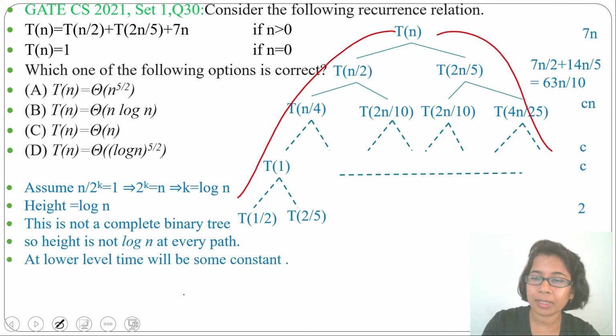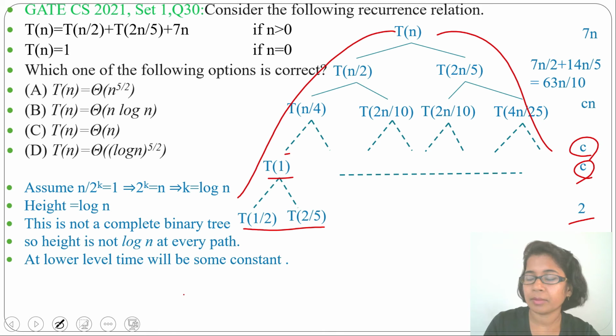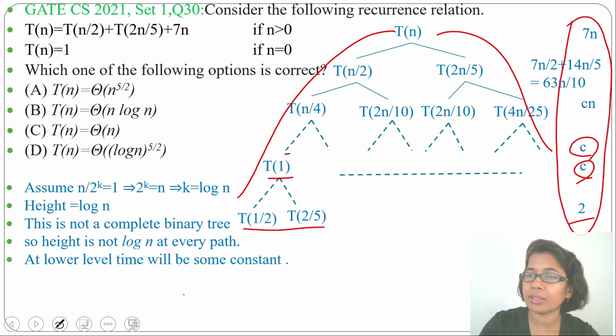At the lower level time will be some constant. You can mark here time is 2. Here time is some constant. Here time is some constant. So for time complexity, we need to add all these. Here's constant multiplied by n, constant multiplied by n, then constant multiplied by n. And how many times will we add? Some constant number of times.